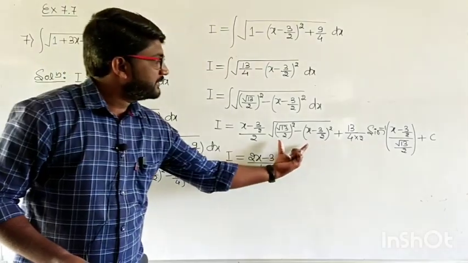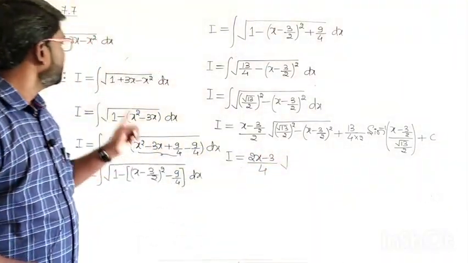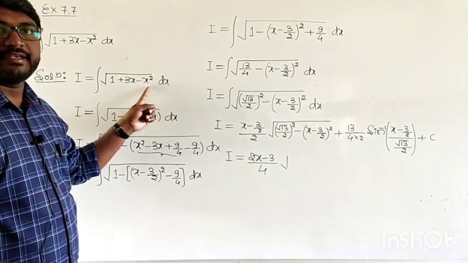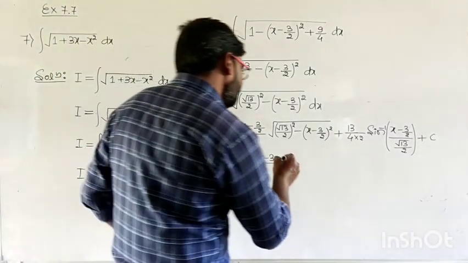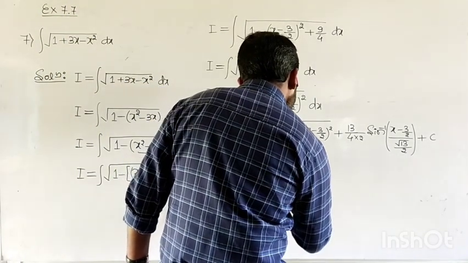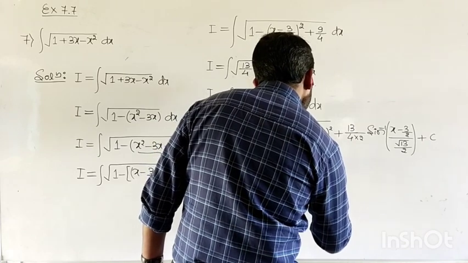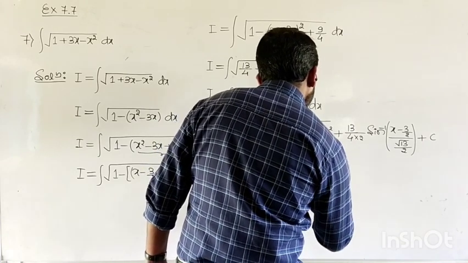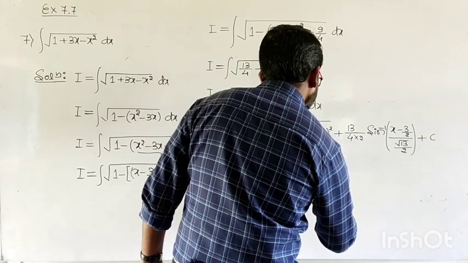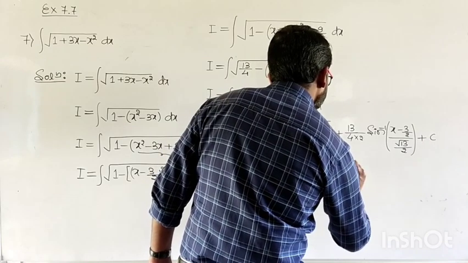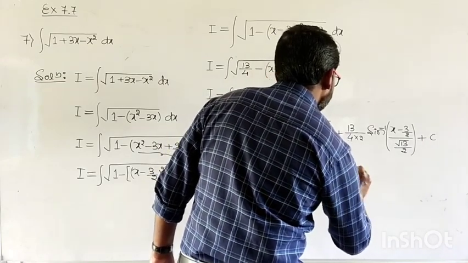So here this can be written as 1 plus 3x minus x square, then plus 13 by 8.